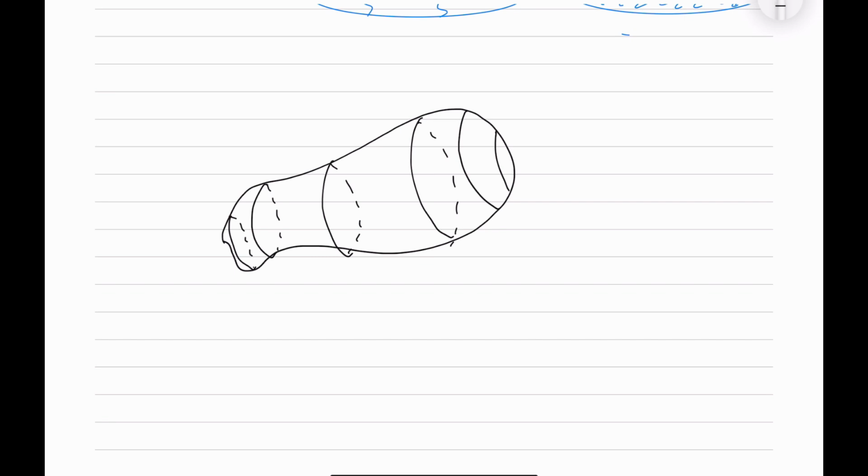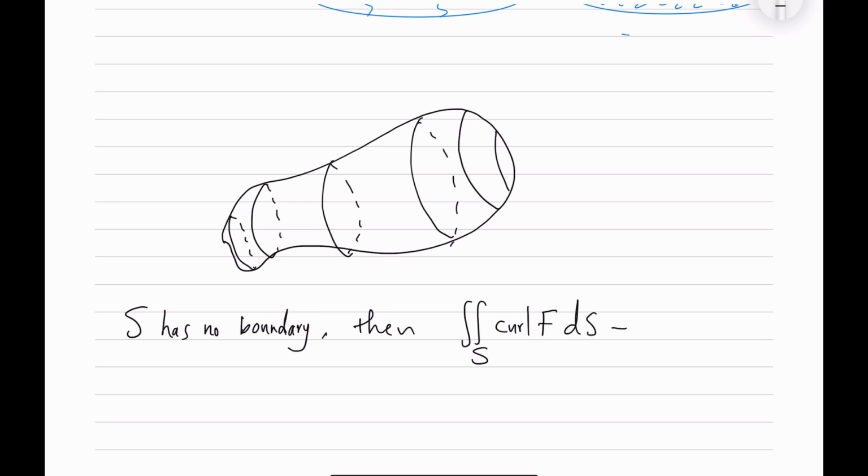It contains a volume and there are no edges, so this piece of paper has a boundary and it's this thing, but this surface does not have any boundary. So S has no boundary, it's a surface with no boundary. Then the double integral over S of curl of a vector field will always be 0.